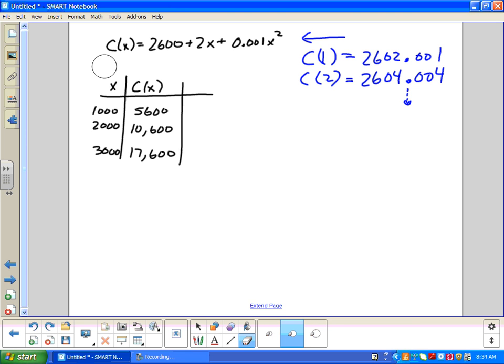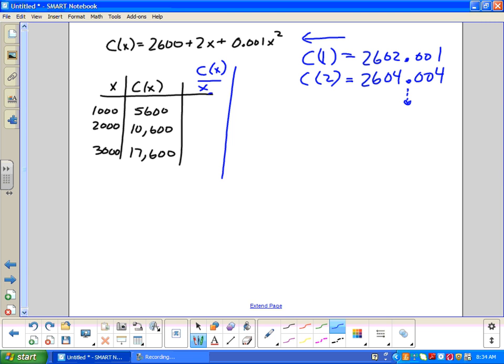Now, if you're the customer, you don't care about my problems with overhead. What do you guys want to know? How much each part costs. So how do I find the cost of each part? Average, total cost divided by quantity. Does everybody agree that would be written like this? And I picked some easy numbers.